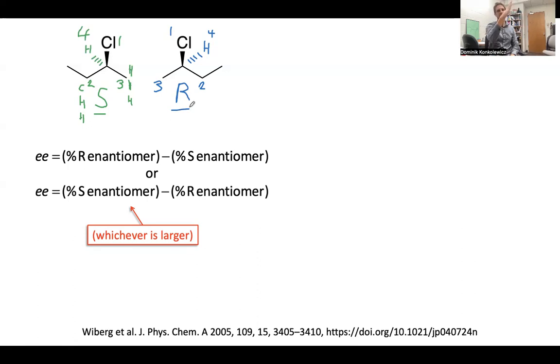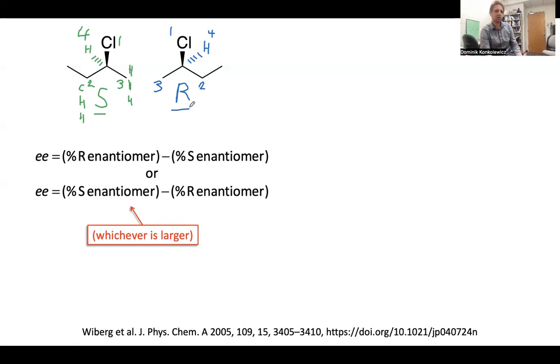The S enantiomer will rotate it the same amount, but in the opposite direction. So the light, instead of being horizontal, will be at some kind of angle after it passes through a sample which contains an excess of one or the other enantiomer. We can't predict whether R or S rotates left or right, but what we do know is if the S rotates in one direction, the R will rotate the other way.